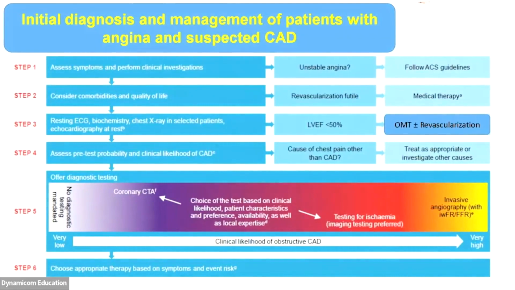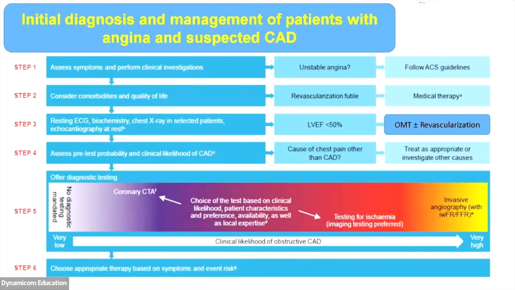Comorbidities will identify patients who are candidates for revascularization, and resting ECG can rule out ischemic changes, biochemistry, chest X-ray, echocardiography, and the pre-test probability according to the likelihood of coronary artery disease, which I'm going to discuss now, because a very low likelihood of coronary artery disease can indicate that there is no need to do further investigations.